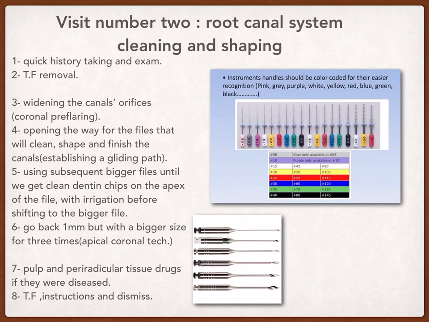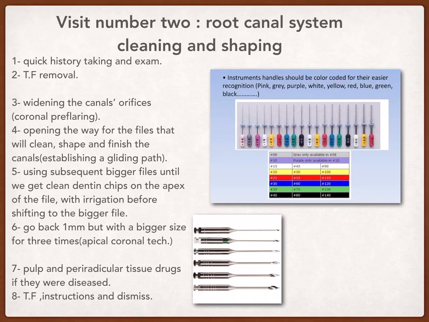and then we should open the way for the files that will clean, shape and finish the canals, which is known as the establishment of a gliding path, and that is done by using files number 6, 8, 10, 15 and 20 from the ISO system, as you can see them in this picture.